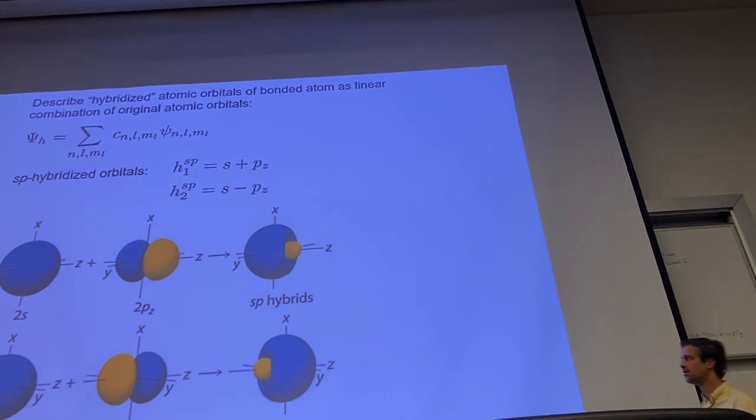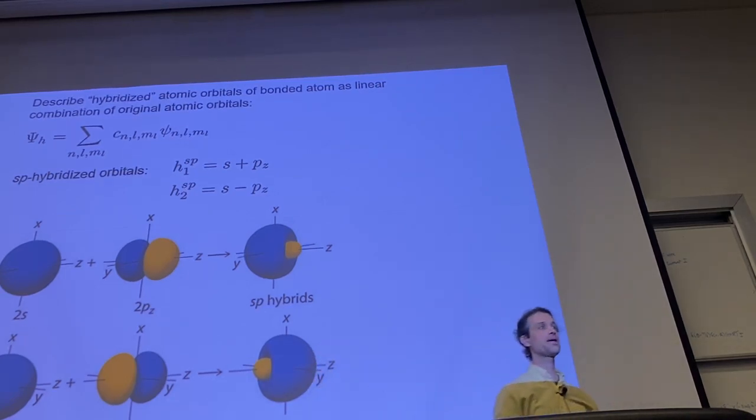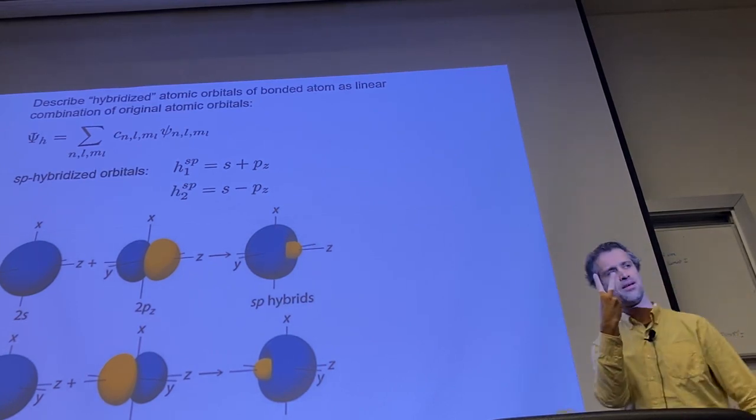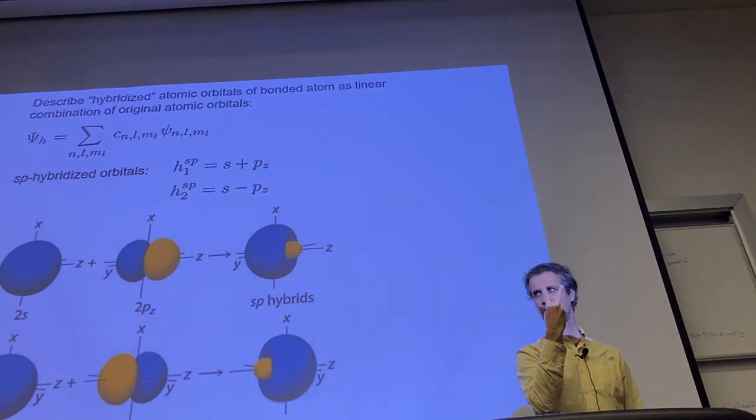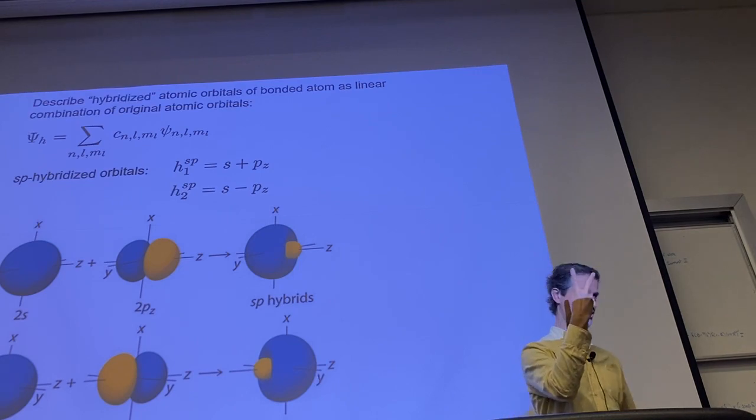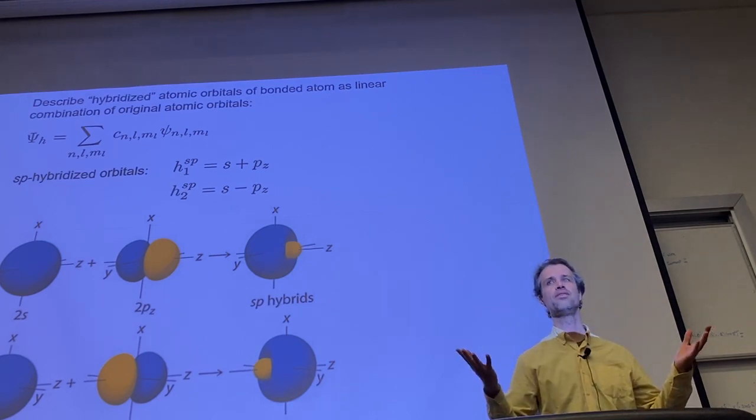The other one is the same, but flipped. So I get here two new orbitals that I described with this general method of making linear combinations of the unperturbed, isolated C atom orbitals. I'm constructing these two new orbitals. I take two atomic orbitals, I generate two hybridized orbitals. Remember that. Two in, two out. You don't generate new stuff.